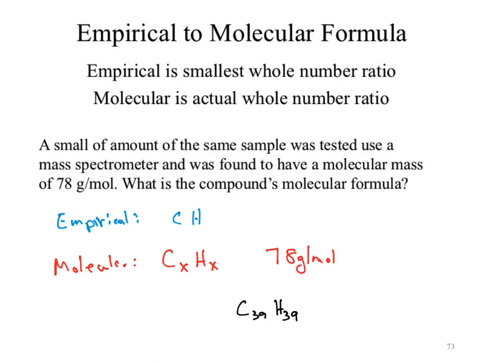I would assume so. Okay, what is the mass of 1 carbon? 12. What is the mass of 39 carbons? A lot. 460. So just the mass of carbons in C39H39 is 460. The mass of our actual compound is 78. So no, your method doesn't work.